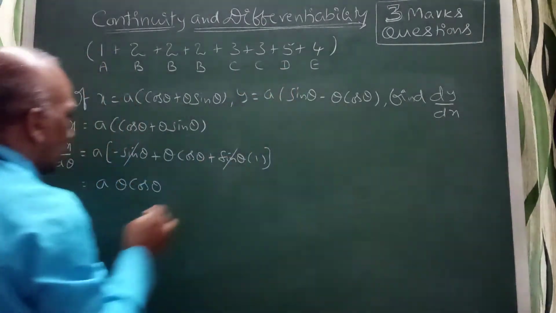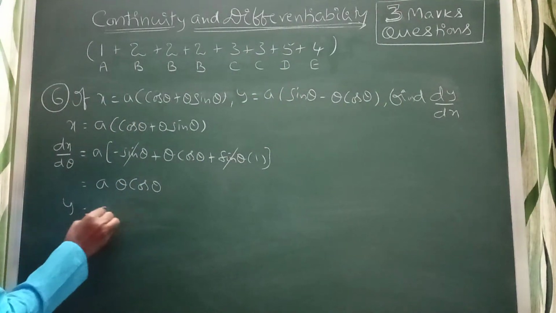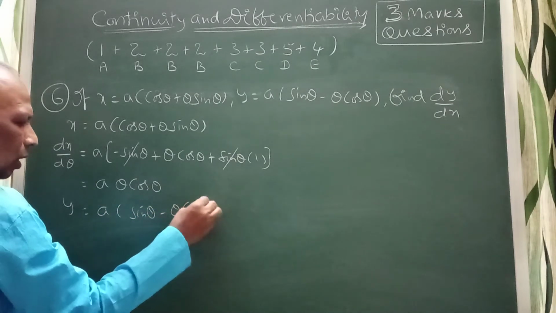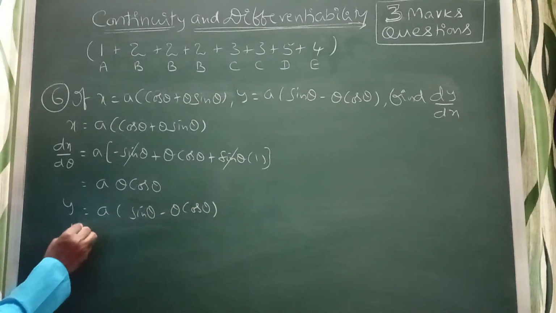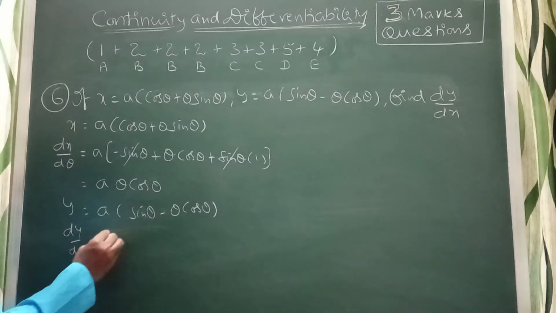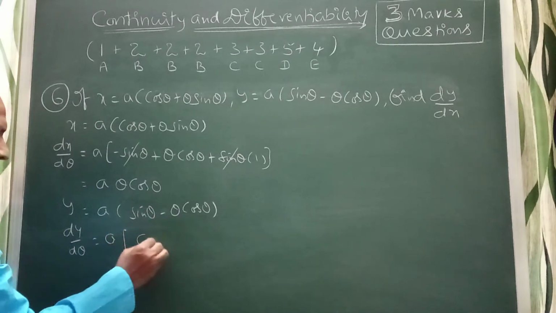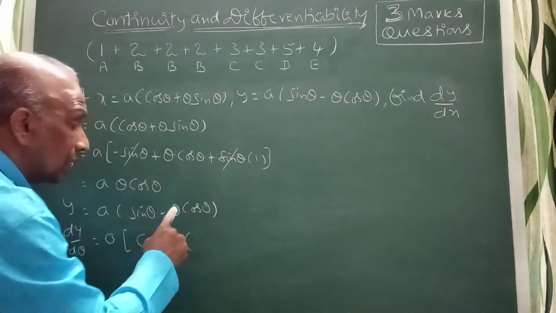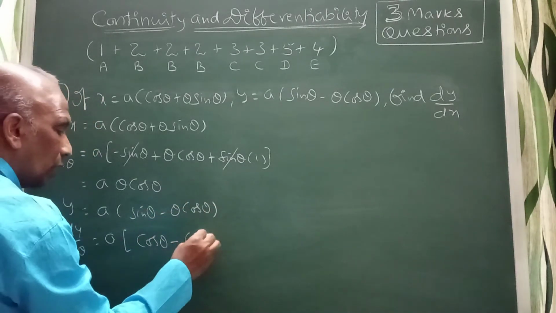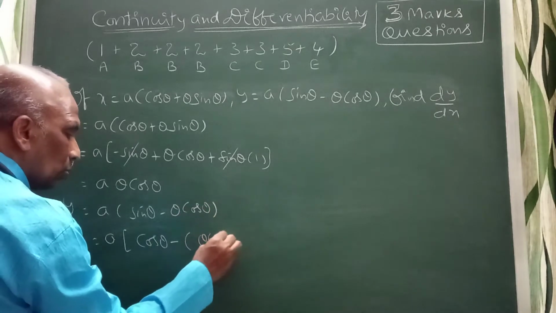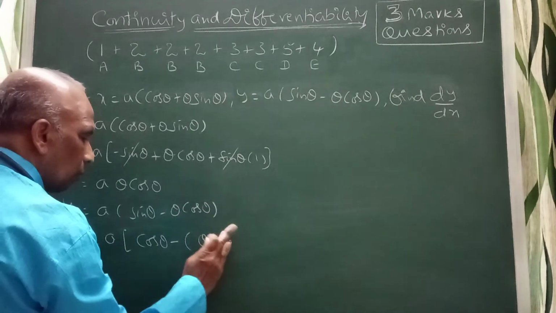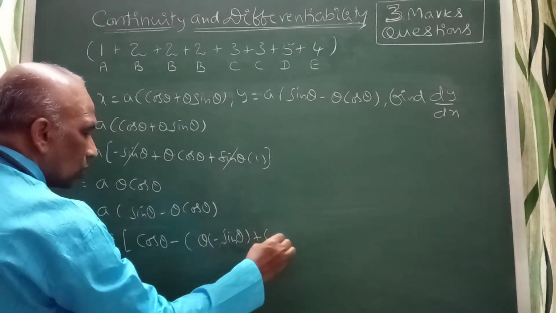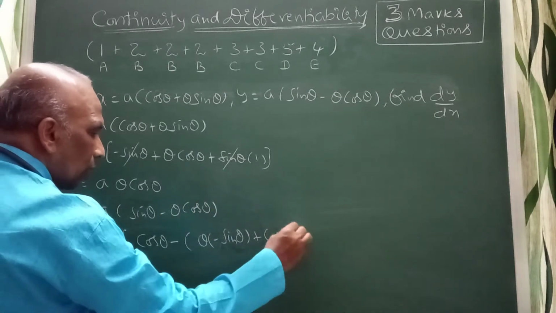You take y is equal to a into sin theta minus theta cos theta. So we find dy by d theta: a into derivative of sin theta, cos theta, minus, here product rule, minus is there, be careful, theta and derivative of cos theta, minus sin theta, plus cos theta and derivative of theta is 1.